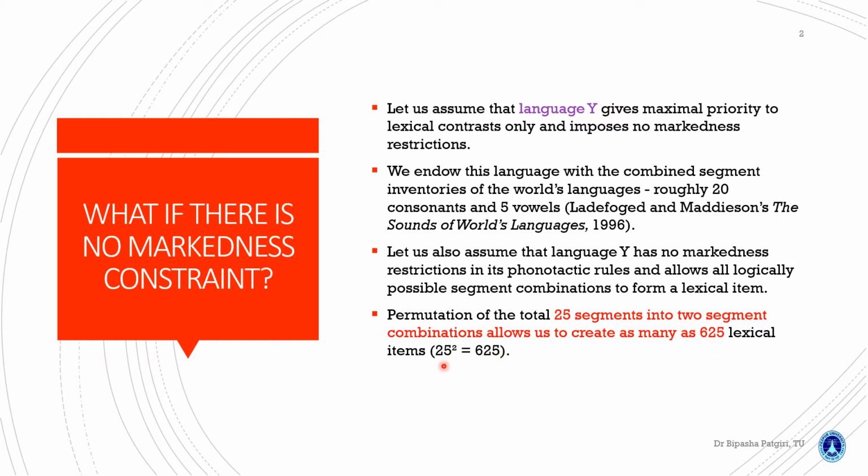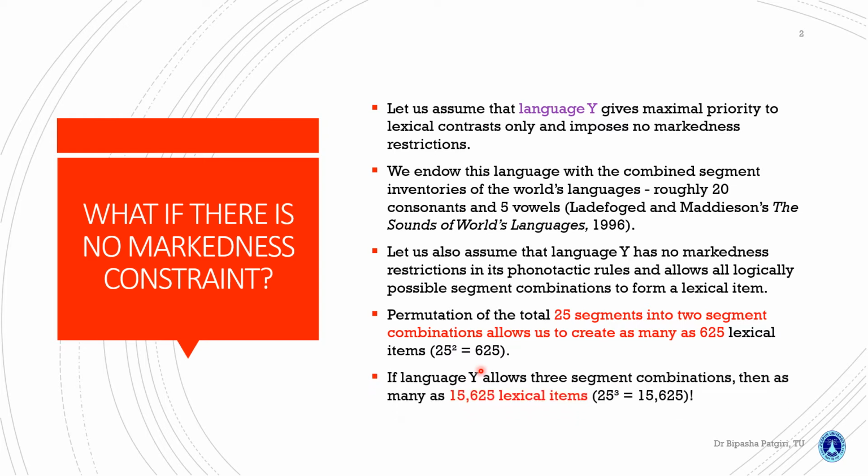How? By squaring 25, you get 625. So if you combine 25 segments with themselves, we will get logically possible combinations of as many as 625 items.